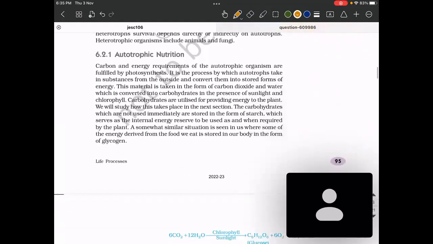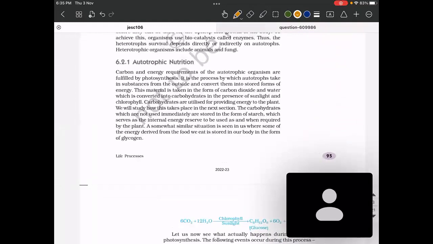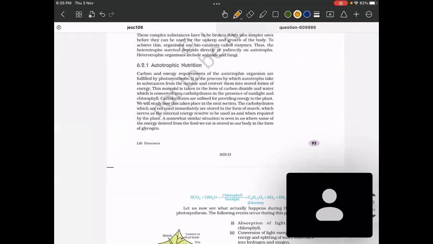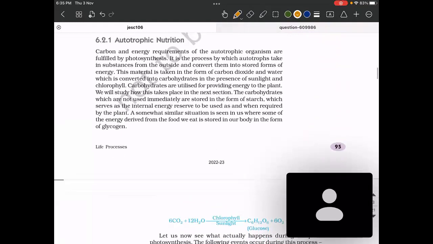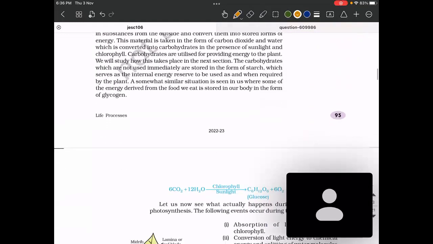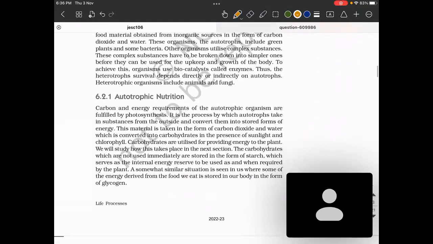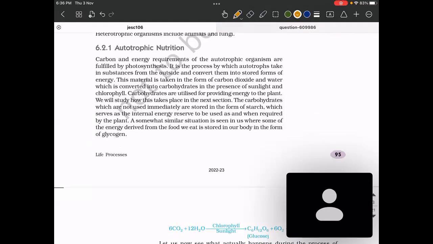Now, most of what we discussed was about humans and animals, but in general, coming to nutrition, there are two kinds of organisms: autotrophic and heterotrophic. What are the main organisms that come under autotrophs? Green plants. Only plants?